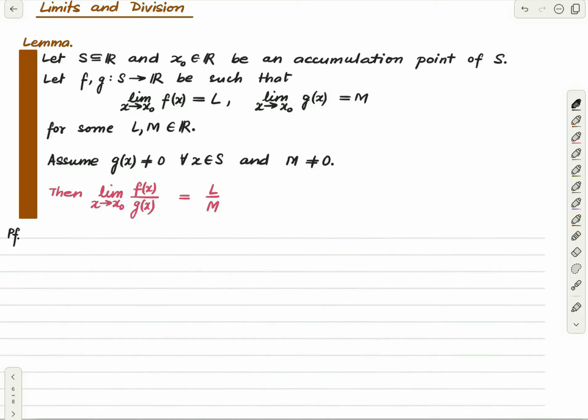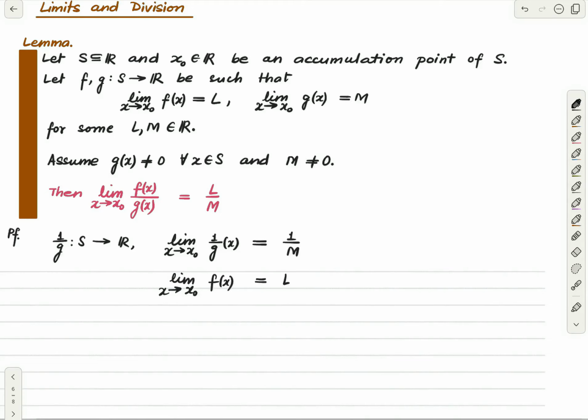So this is just by the multiplication version. What we saw in the first slide is that limits are well behaved under sums and products. So you just need to use that limits are well behaved under products, and the previous slide. If you consider the function 1 upon g from S to R, by the previous slide we know that the limit of 1 upon g(x) is 1 upon m, and we anyway are given the limit of f.